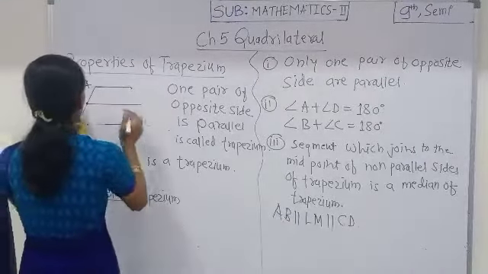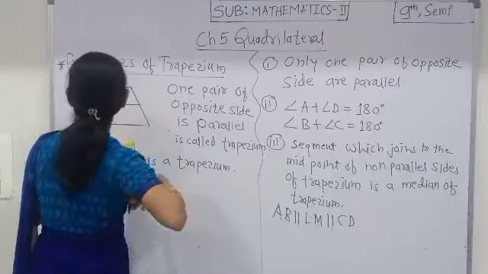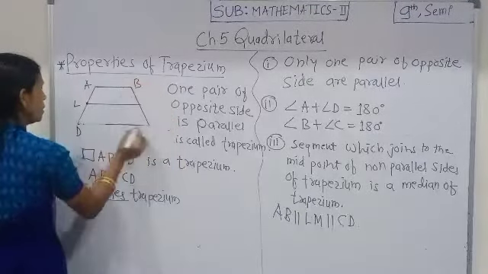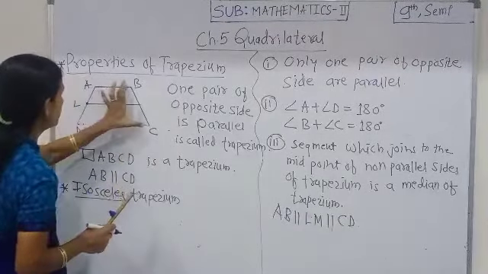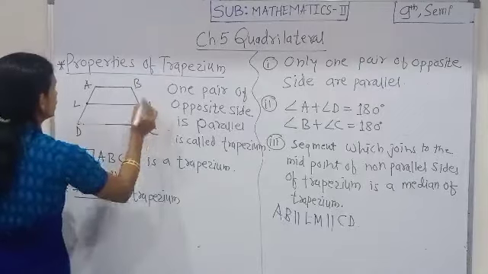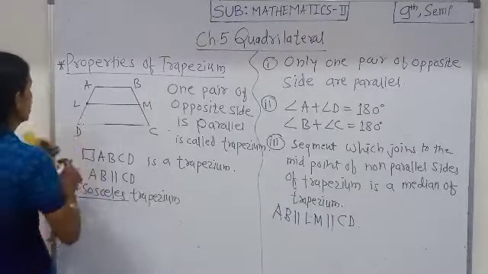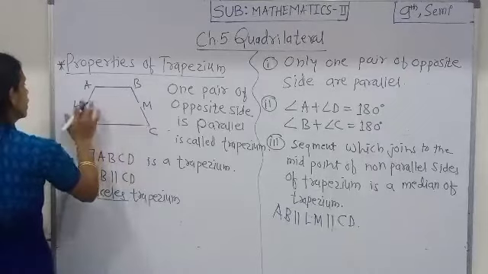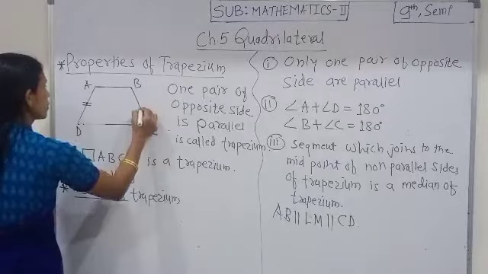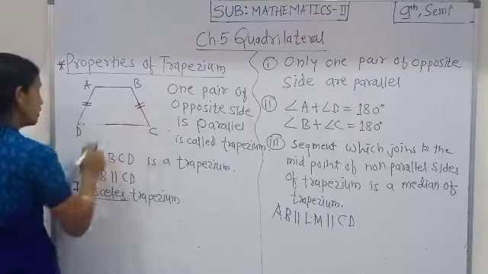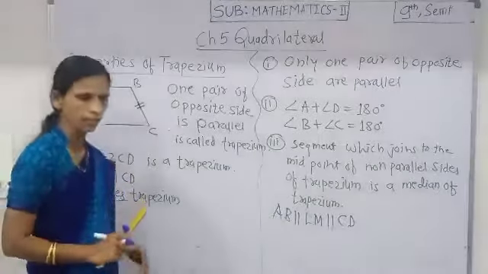That means in quadrilateral ABCD, AB is parallel to CD, and AD and BC are the non-parallel sides of this trapezium, but if AD is congruent to BC, then it is an isosceles trapezium.